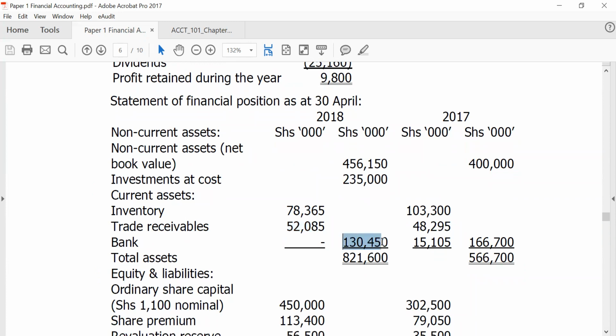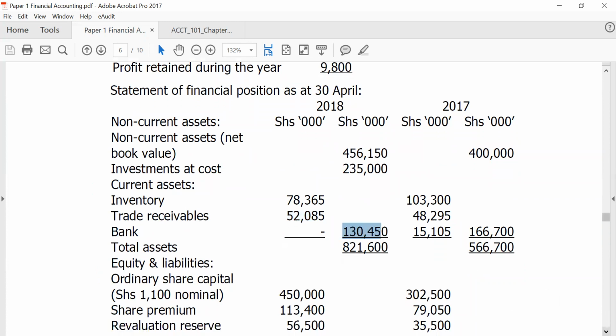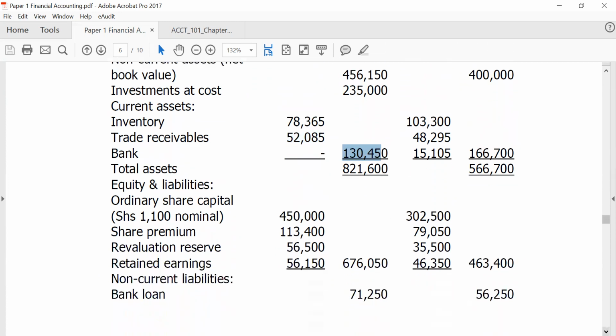We also have our bank, and then we also have our equity and liabilities. Now, under equity and liabilities, we also have ordinary share capital. With ordinary share capital, we started with 302,500, and we now have 450.